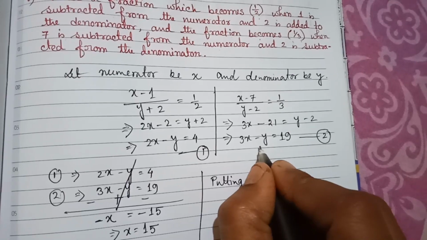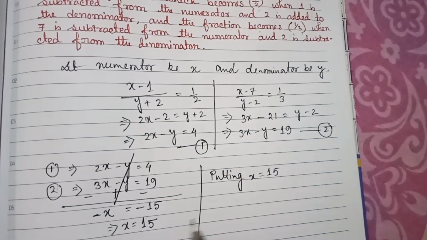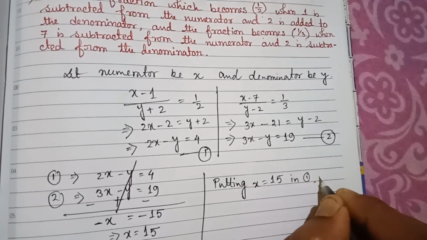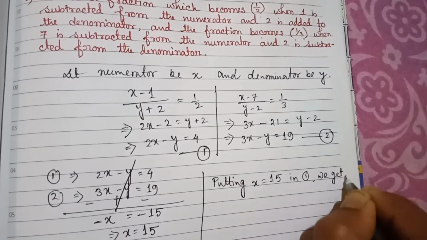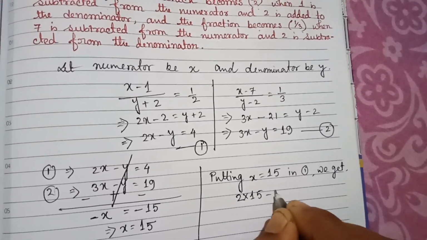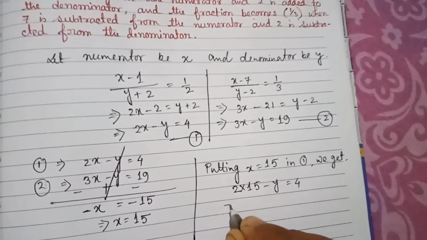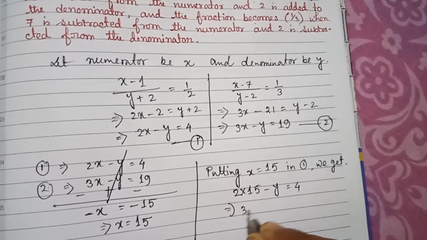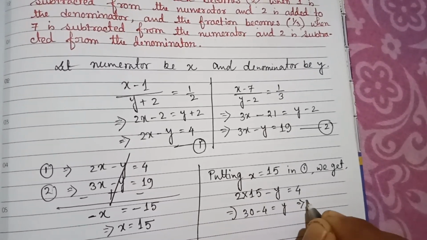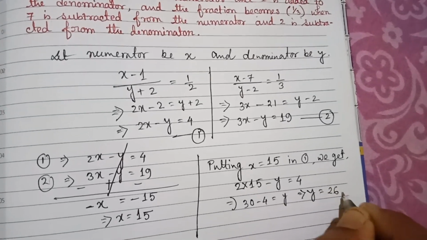After finding two equations, everybody knows how to solve them. Putting x equals 15 in equation 1, we get 2 into 15 minus y equals 4. So it's 30 minus 4 equals y. That means y equals 26.